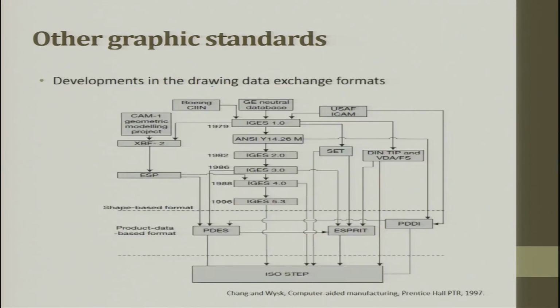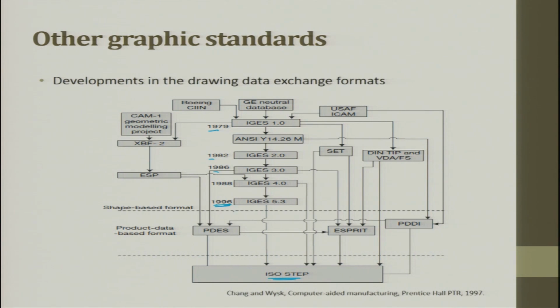So, development in the drawing data exchange format: these are the years when it was started, and here are the contributions made, and this is how the evolution happened. So, IGES 1.0 came, then ANSI Y14.26M came, IGES 2 protocol, 3 protocol, 4 protocol, 5.3 protocol, which came in 1996, and this led to ISO STEP.